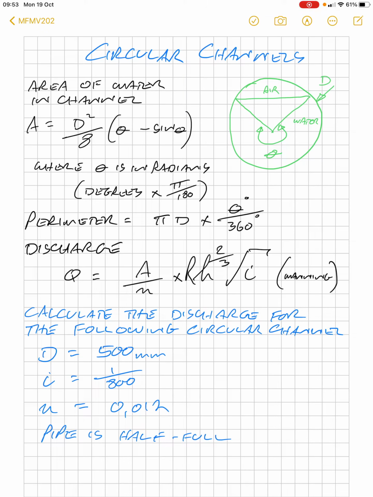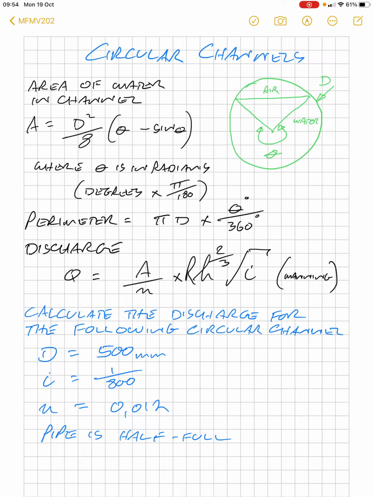So our area is equal to d squared, the diameter squared, over 8, multiplied by, open brackets, theta minus sine theta. Make sure that you use theta in radians in this particular formula. So what we have to do is figure out what that angle theta is, and then we can substitute it into that formula and work out the area.